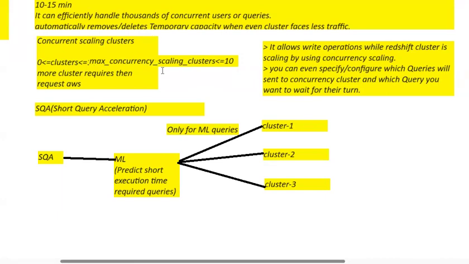So where can we specify this? In AWS, we have an option called parameter group. In this parameter group, you have to specify the max concurrency scaling clusters.